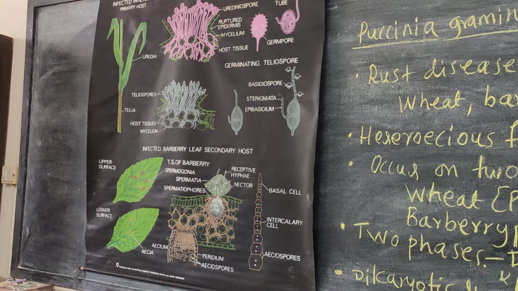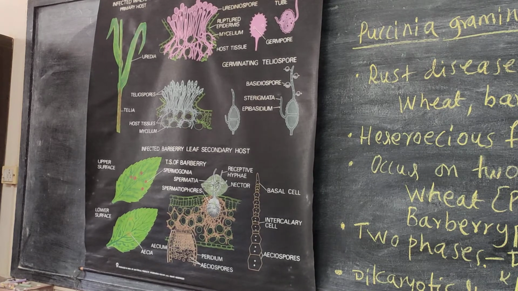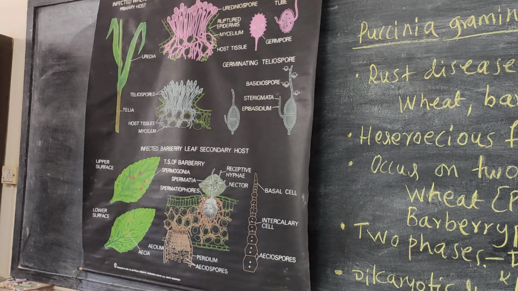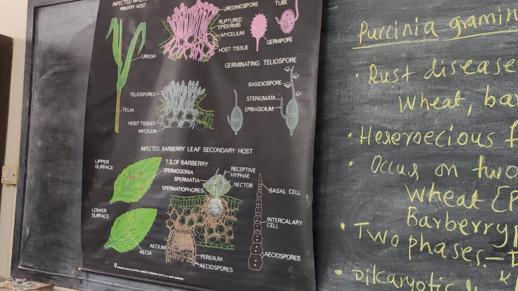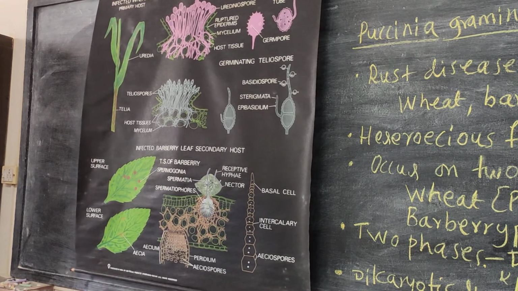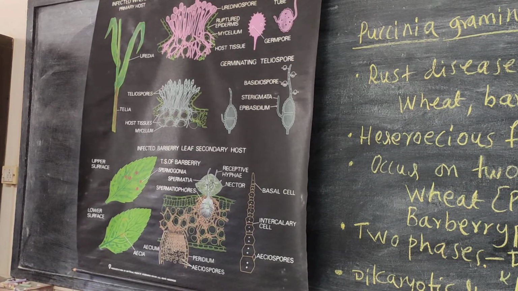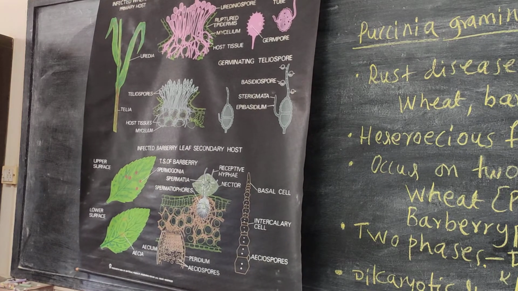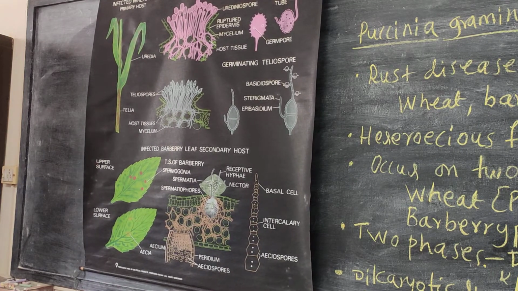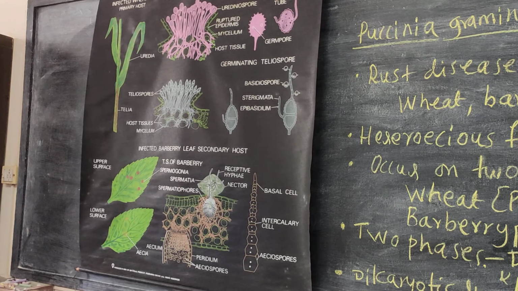The urediniospore producing stage is called the urediniospore stage. This stage is found on the primary host, the wheat plant.